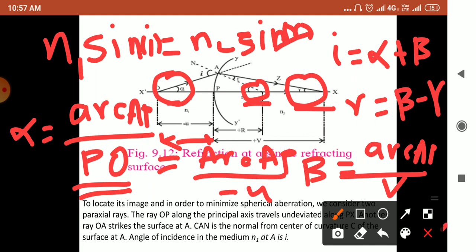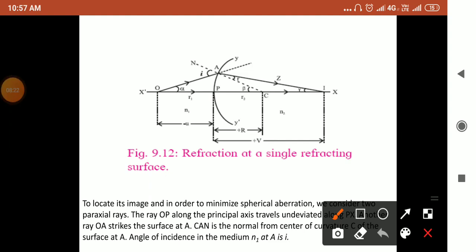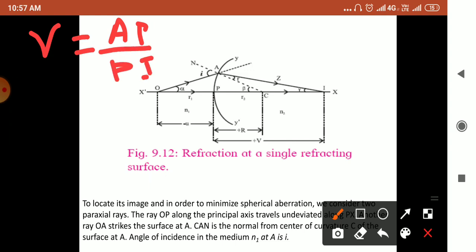Then we have gamma equal to arc AP upon PI, which is equal to arc AP upon v, small v.